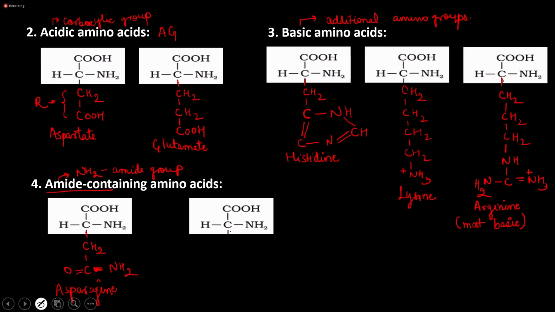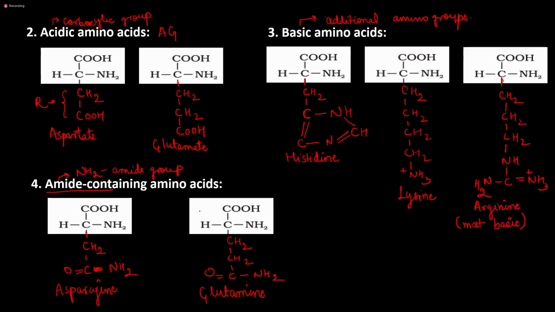Similarly, the second amide containing amino acid is derived from glutamate, and its name is glutamine. Its structure is also simple. First, you draw the structure of glutamate, that is CH2, CH2, CO, and instead of OH, now you add NH2. So this is your glutamine.